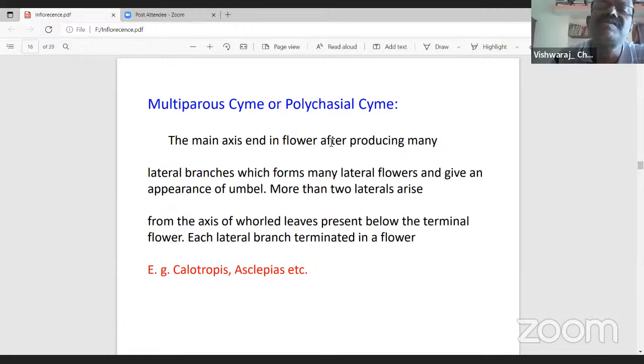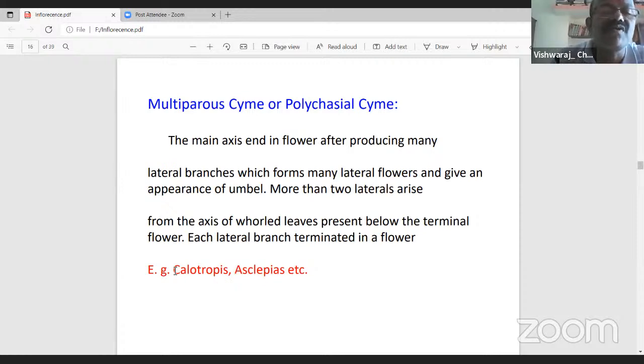The main flower is produced at the base, many lateral branches form lateral flowers and give the appearance of an umbel. More than two lateral branches arise from the axils of the whorl of leaves present below the terminal flower, each lateral branch terminating in a flower.